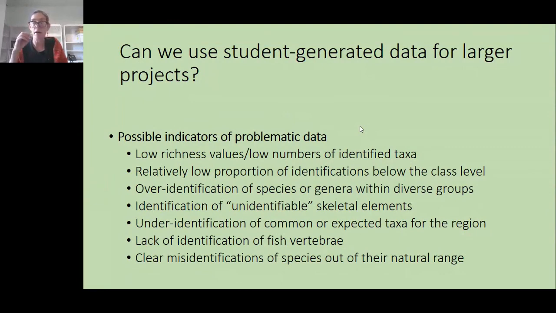And I think that probably not all of the data, as Trevor alluded to earlier with the passenger pigeon paper, is equally problematic. So it's just a question of being careful when you go about using legacy data sets.